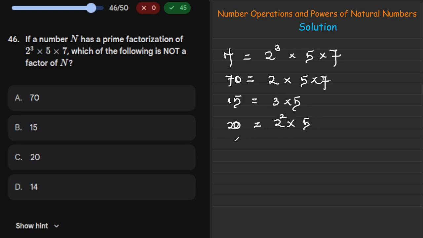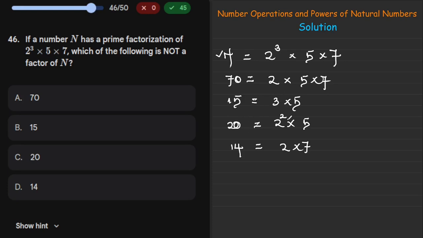And then we have 14, which also gives us 2 times what? 7. Now, if you want any of these numbers to be a factor of n, then its prime factorization should also be a part of n's prime factorization. If we take 2, we have 2 in here, we have 3, and we have 7. If you take that of 15, it hasn't got a 3. So n has not got a 3.